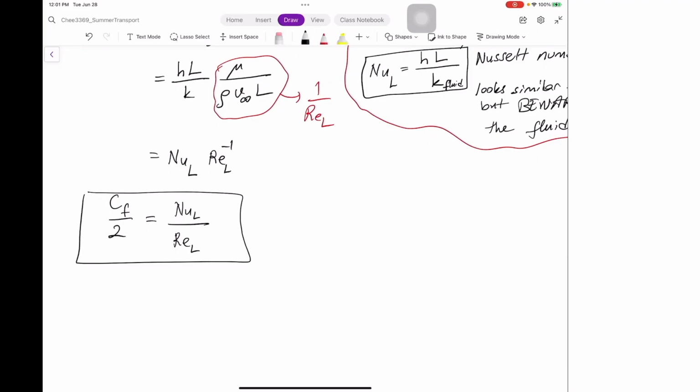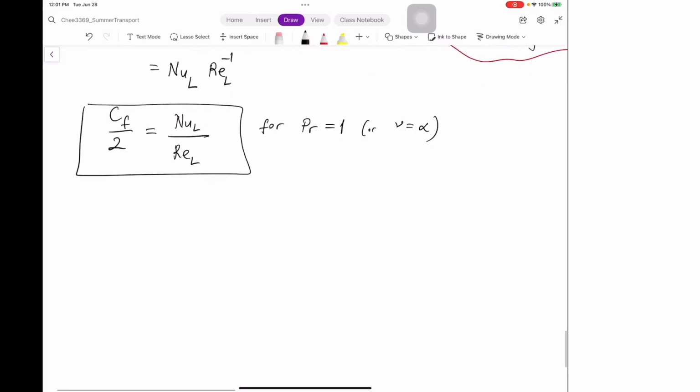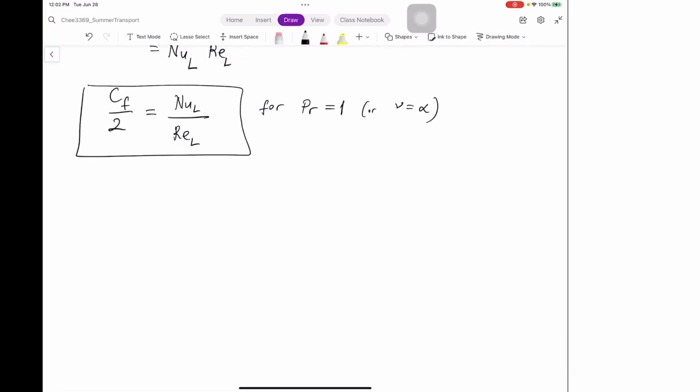Remarkable. What does it tell you? So let's write it down. For Prandtl number equal to 1, or nu is equal to, sorry, nu is equal to alpha. Okay. Or you can say, if the Prandtl number is 1, let me incorporate it in my equation.